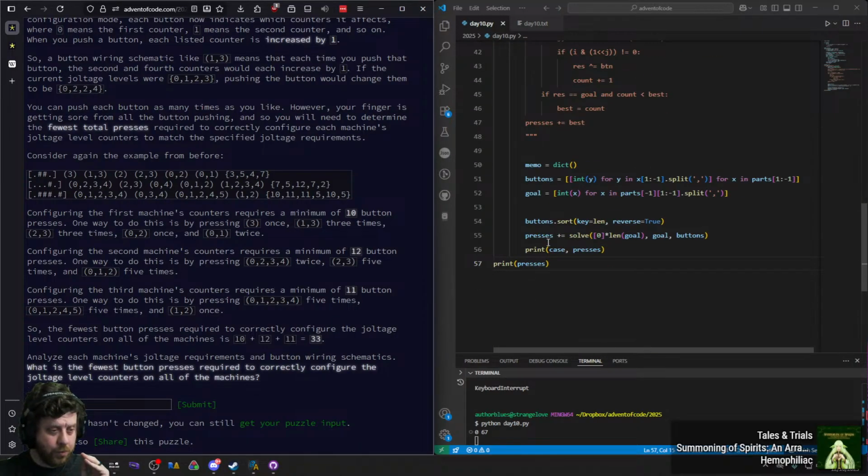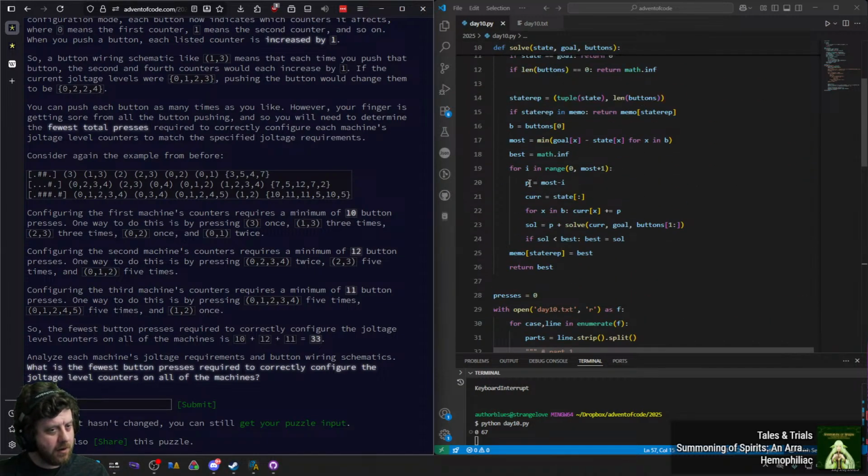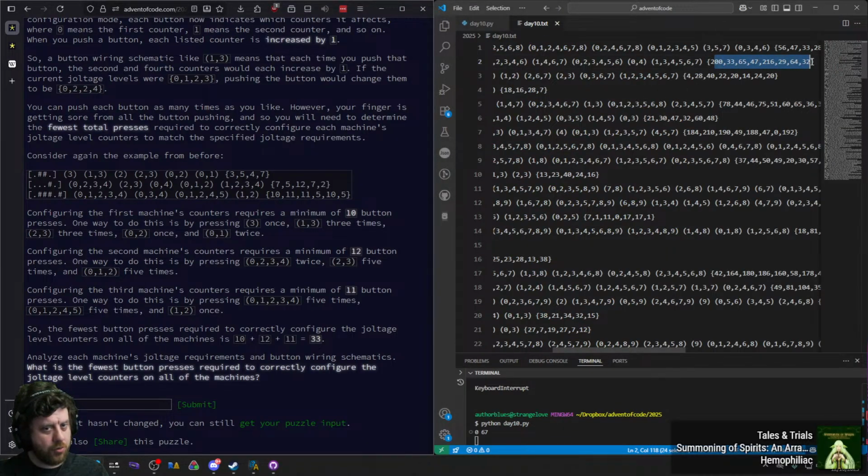I think the real observation that I'm missing here is that a dynamic programming solution is probably correct, but I should not need to search for every number of buttons at each level. Because right now, solving this one is taking every possible number of button presses for the first button, every possible number of button presses for the second button, and so on.